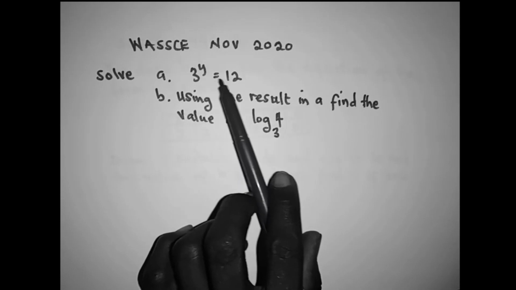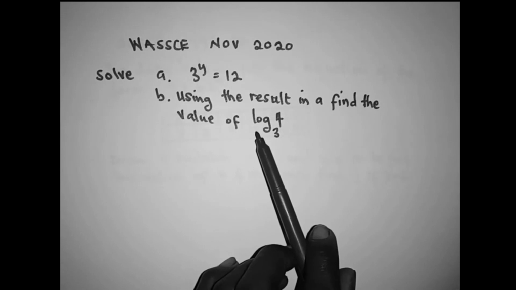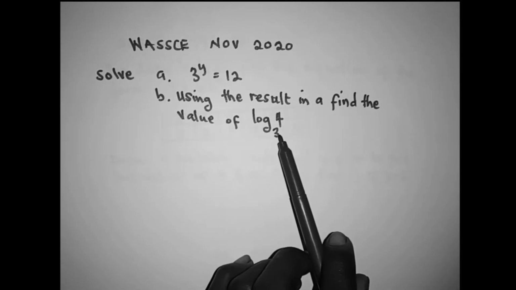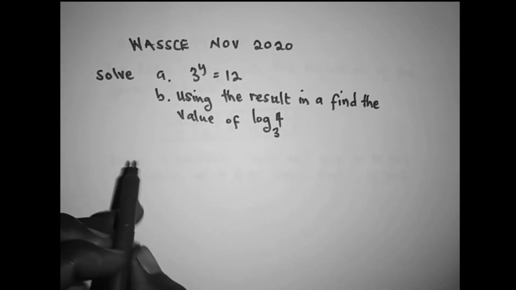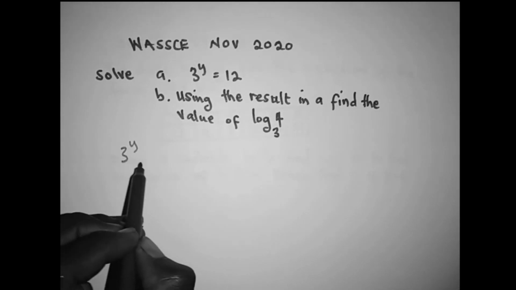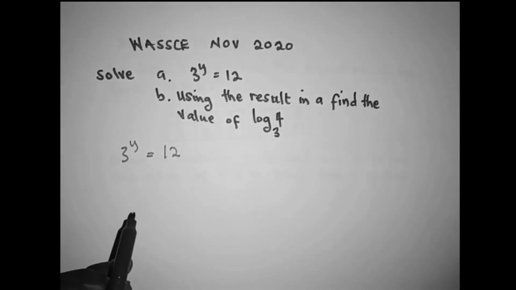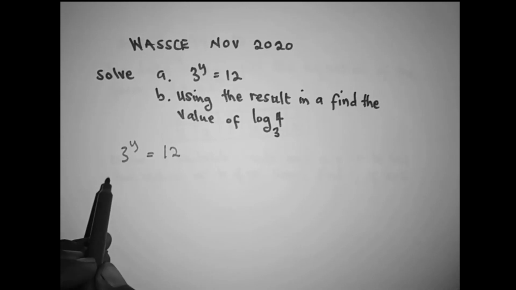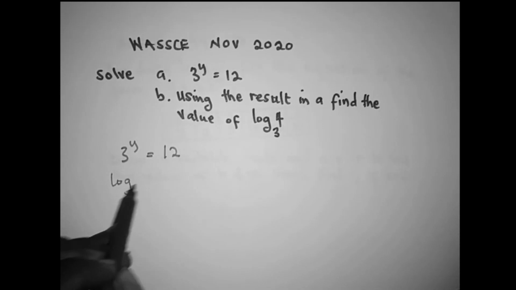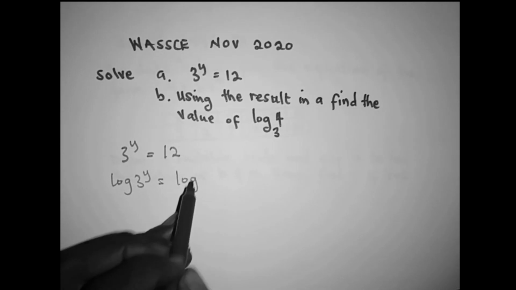3 exponent y equals 12. And then using the results in A, find the value of log 4 base 3. So we have 3 exponent y equals 12. What we can do is take log of both sides: log 3 exponent y equals log 12.